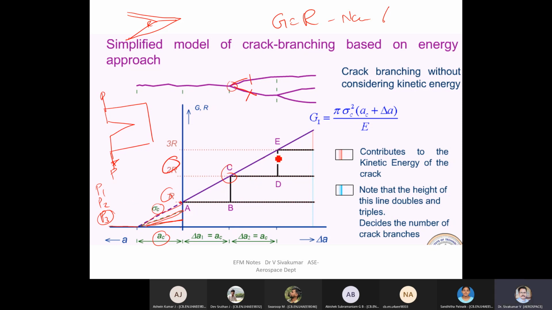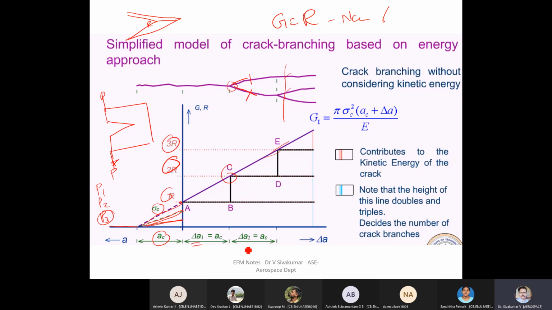Then if the energy is still more, it branches again, and at this particular point you get 1, 2, 3 resistances, that is 3R. So this is the phenomenon of how the crack advances.